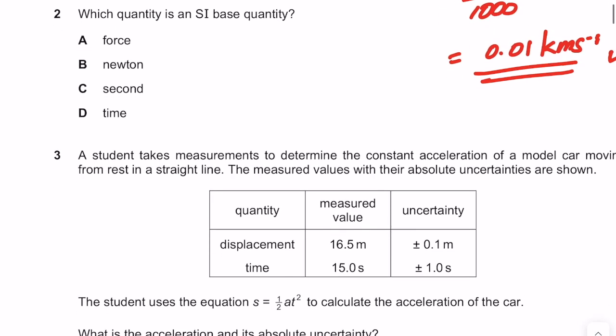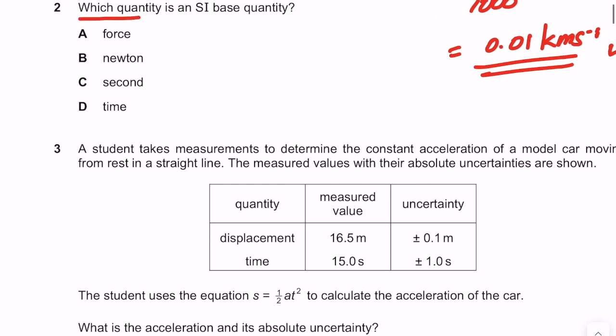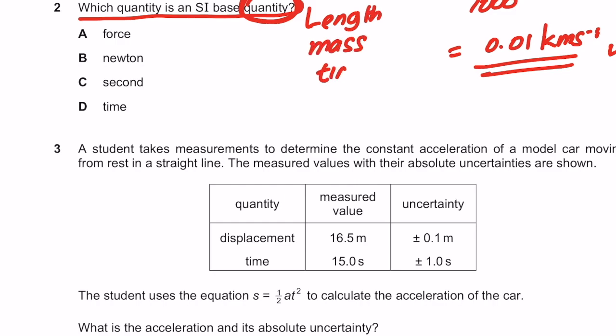Question number 2. Which quantity is an SI base quantity? We are talking about quantities, not units. Let's think about those quantities. We have length, mass, time, electric current, thermodynamic temperature, and amount of substance.